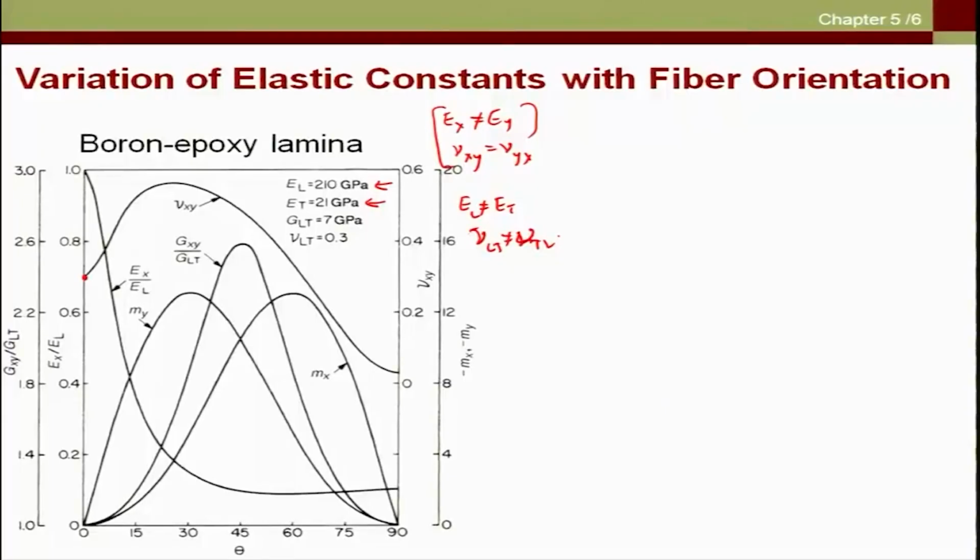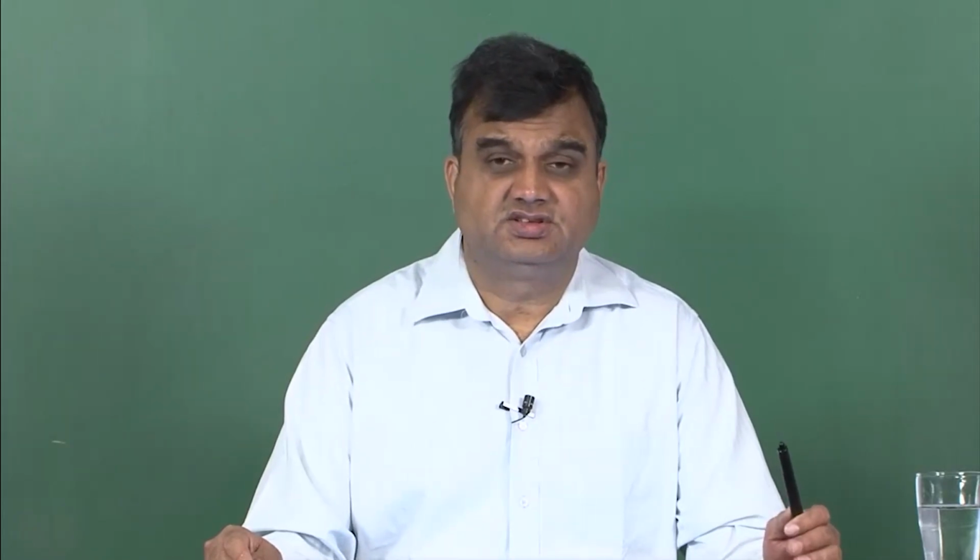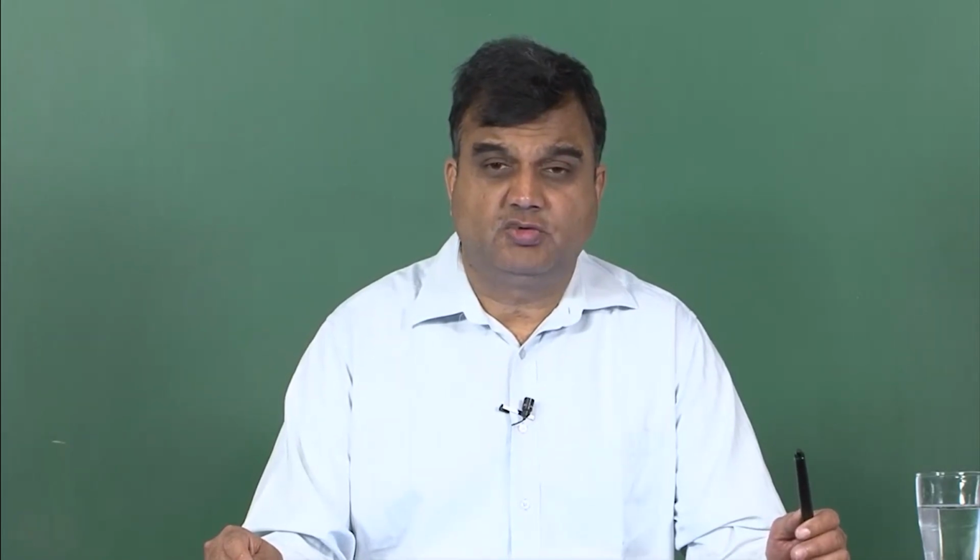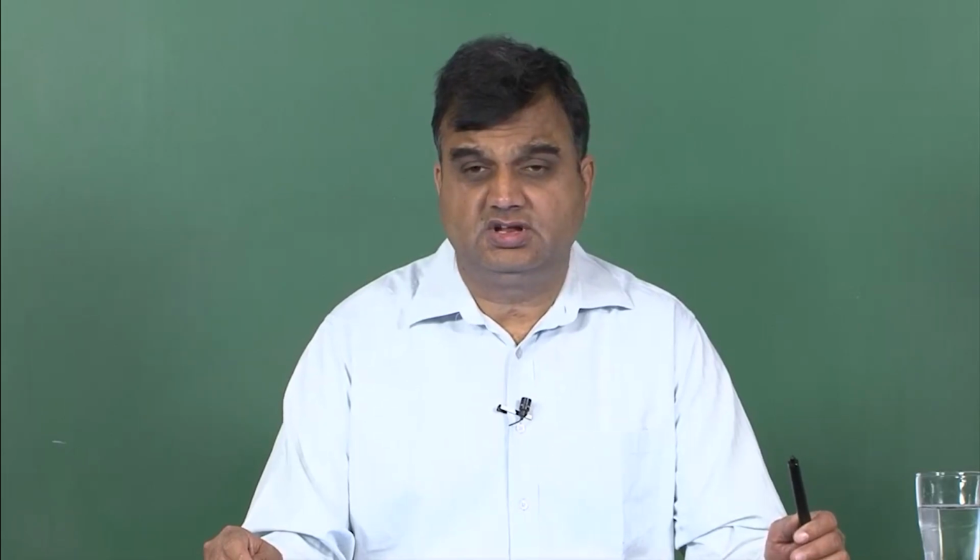That can be accomplished if we have a balanced lamina. A balanced lamina means that the value of El and the value of Et are the same, and also the Poisson ratios nu Lt and nu Tl are the same.